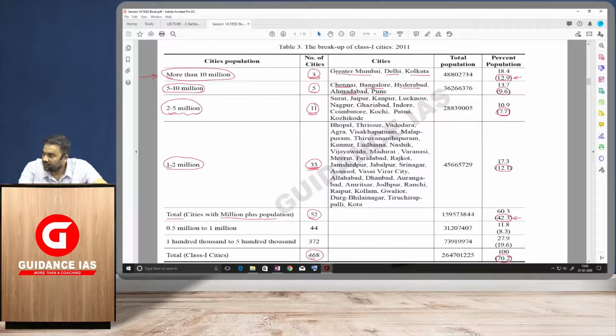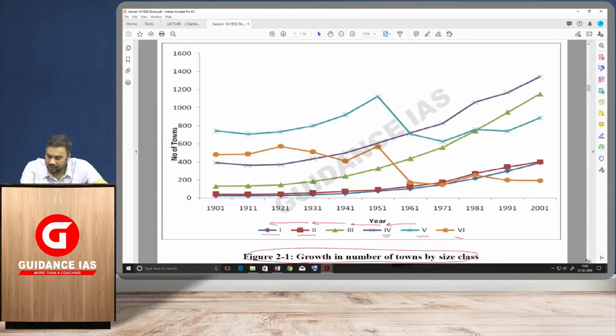The same is the case with the divide between rural and urban. If you want to understand this, you can see this diagram. Can you see the class 1 cities, this blue one? It is growing. This is the number of towns in each of the size classes. They have been growing.